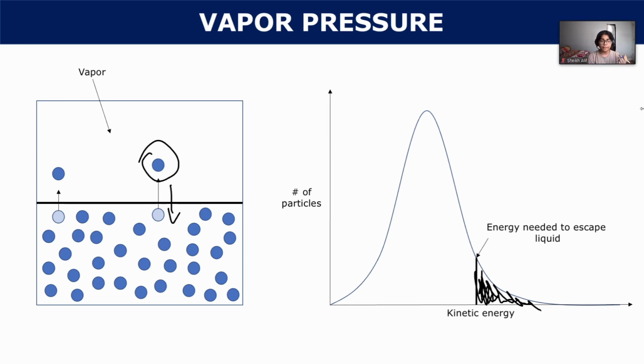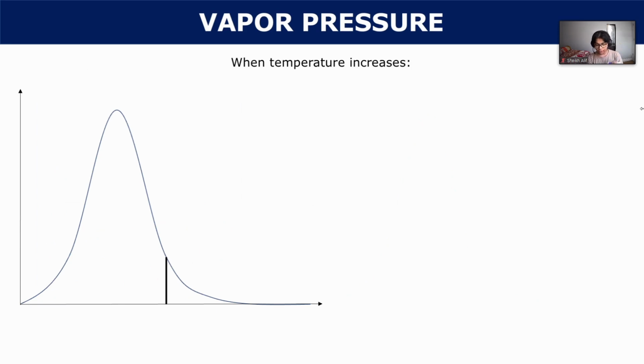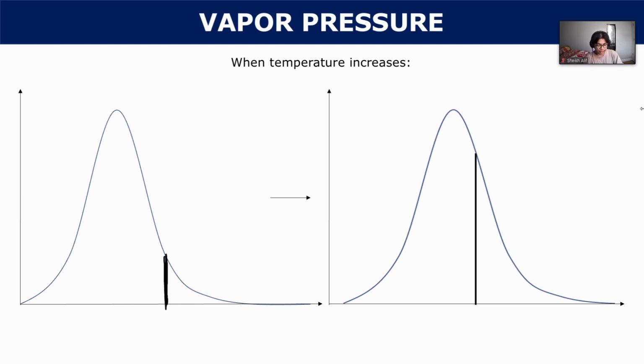So now let's see what happens when we increase the temperature, right? We start off with a distribution that looks like this, and the line is right here. This is the line, this is the amount of energy you need to escape the surface of the water and become a vapor. What happens when we increase the temperature is that the position of this line does not change.